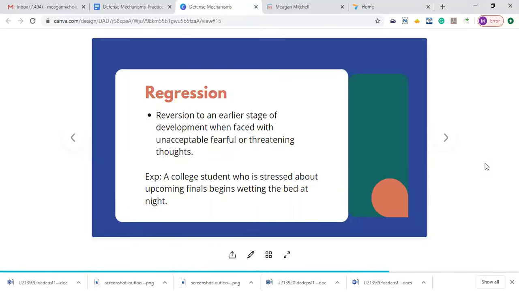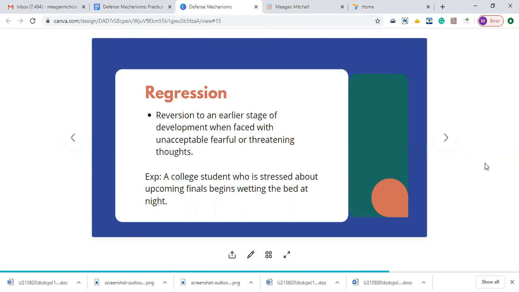So the regression here is that they're starting to go back to a much, much earlier developmental stage that has been mastered. And that is because they are very, very stressed out, or the finals here is a very, very challenging time for them.